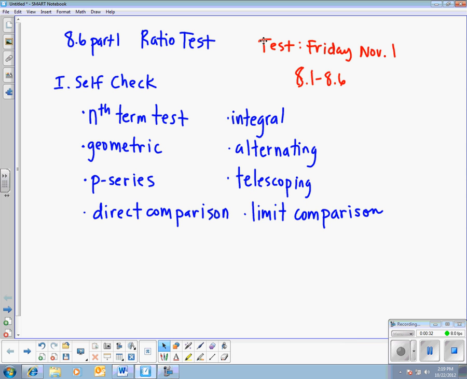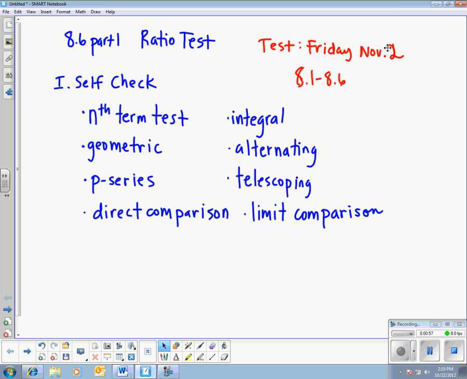So that leaves us with this section, then another day on 8-6, and then a day of review, and then a test. And that should be, let's make that November 2nd. Friday, November the 2nd.